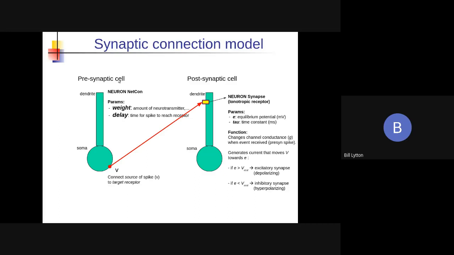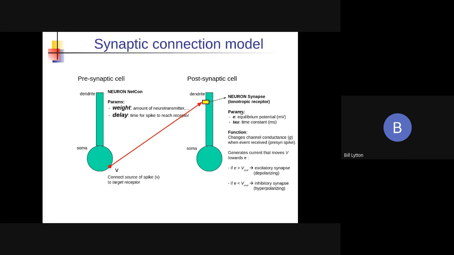So the one thing you have to set up is the NetCon. The other thing you have to set up is the synapse itself. The synapse lives on the postsynaptic cell, of course. It can be on the dendrite, it can be on the soma, wherever you want to put it. It would be something like an ExpSyn, that's a mod file, or Exp2Syn, or AMPA, or an NMDA. These are all mod files. And so you insert them.